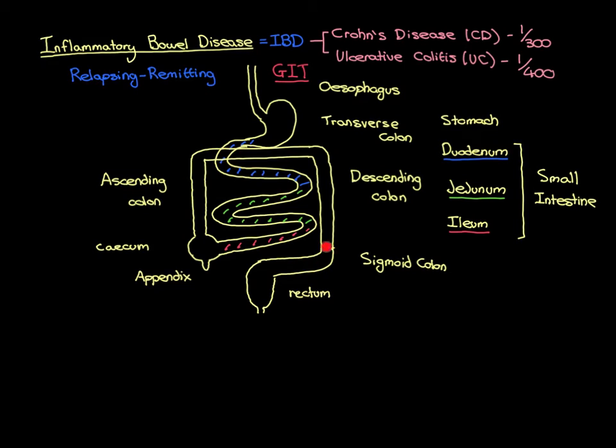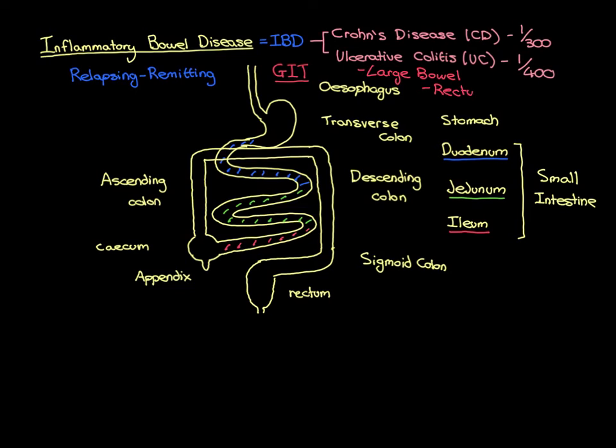So it can affect the sigmoid colon, the descending colon, the transverse colon, the ascending colon, and the cecum. All of this large bowel and the rectum can be affected by ulcerative colitis. So I'll just put this in here. So it can affect the large bowel and the rectum.